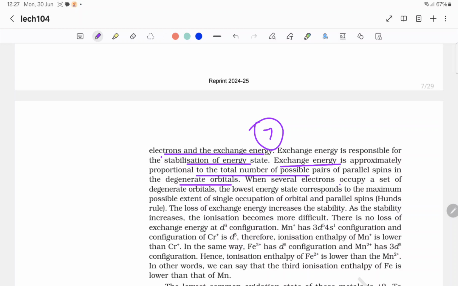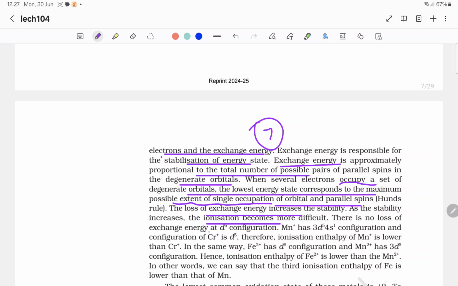When several electrons occupy a set of degenerate orbitals, the lowest energy state corresponds to maximum possible extent of single occupation of orbitals and parallel spins, Hund's rule. The loss of exchange energy increases the stability. As the stability increases, the ionization becomes more difficult.